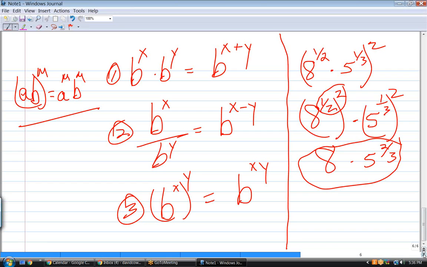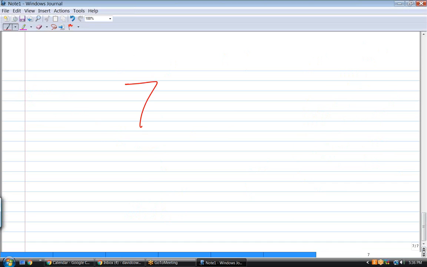What is... Base would be 7 and then 1 minus 1/3.